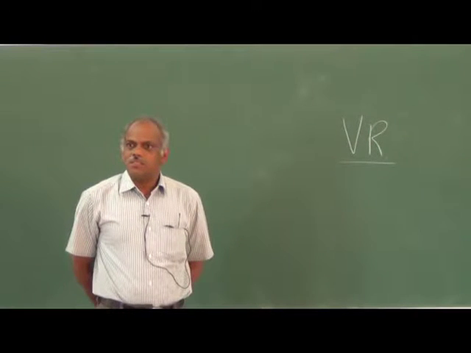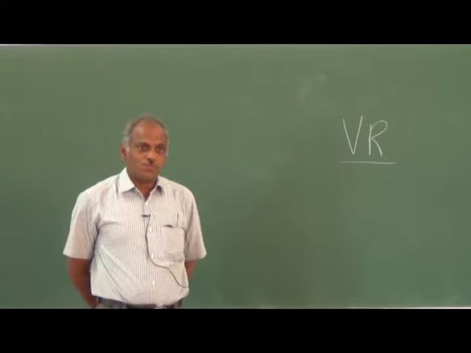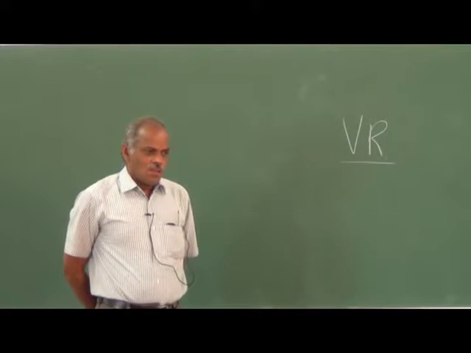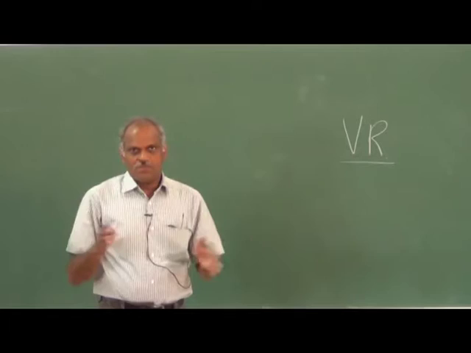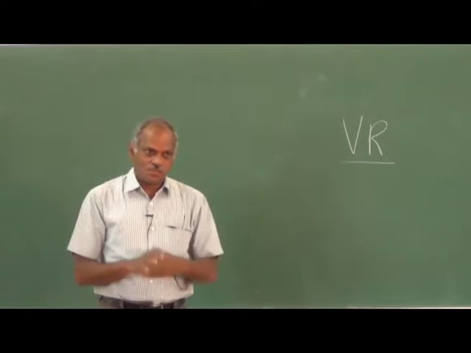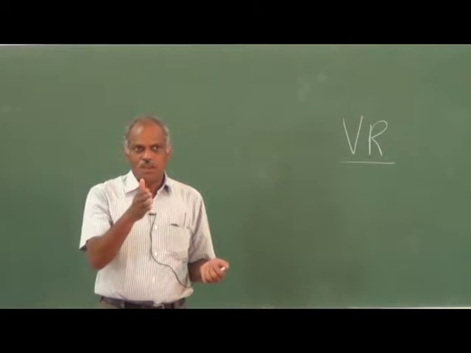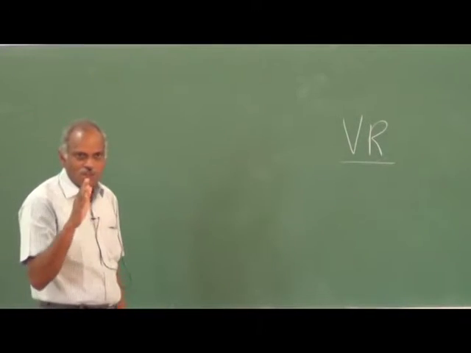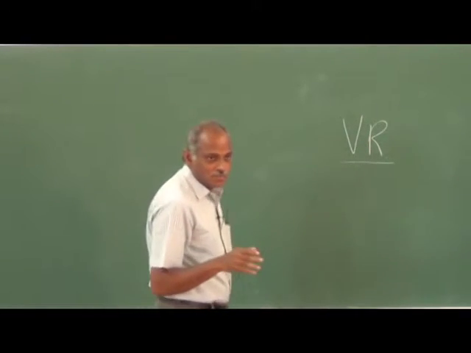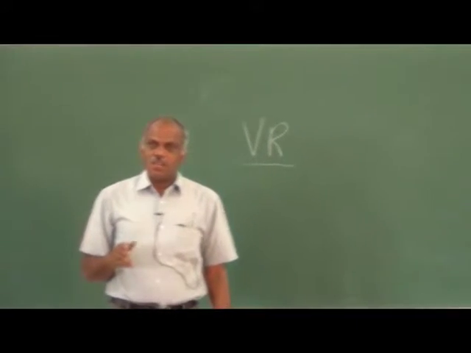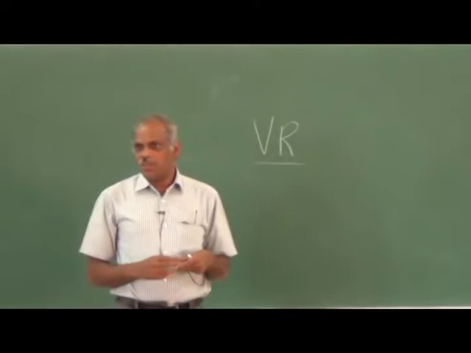So what is virtual reality? Suppose I have a photograph. If I take a photograph of this class, whether I look at it from one angle or from a different angle, it will always remain the same. But that is not the reality.